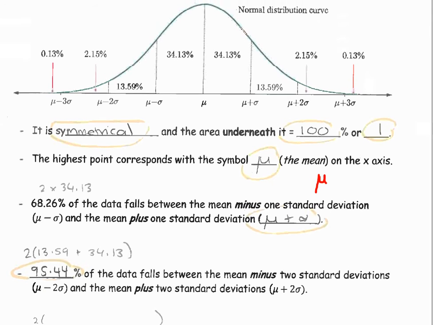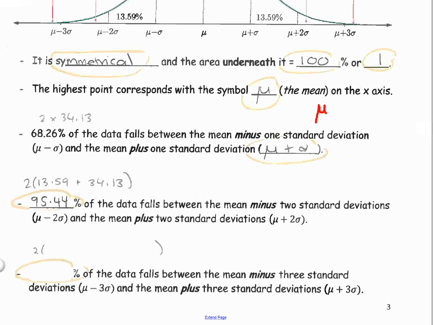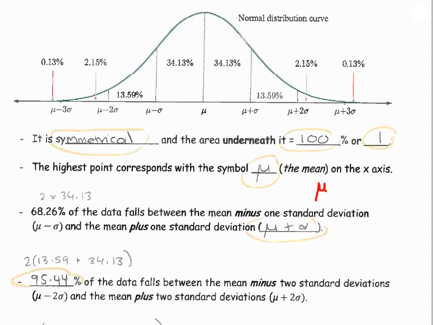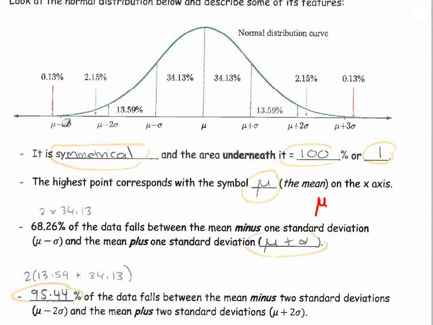And lastly, what percent of the data falls between the mean minus 3 standard deviations and the mean plus 3 standard deviations? So they want to know what percent of the data falls between here and here. They just want you to add up that, plus that, plus that, plus that, plus that, plus that, which you could also think of as this, plus this, and then doubled, because that plus that is the same as that plus that plus that.